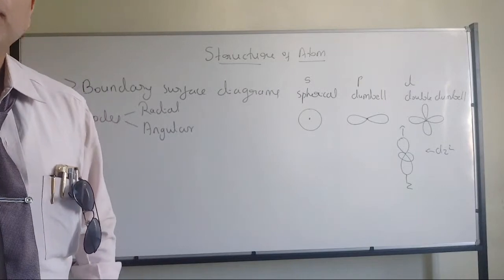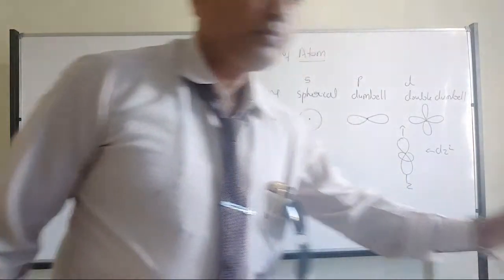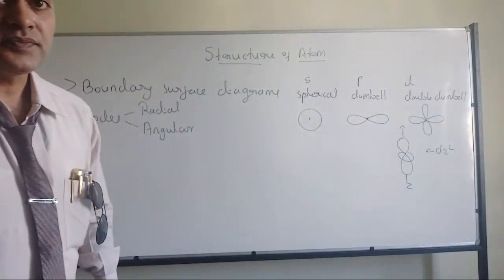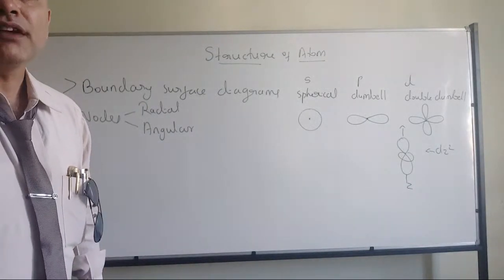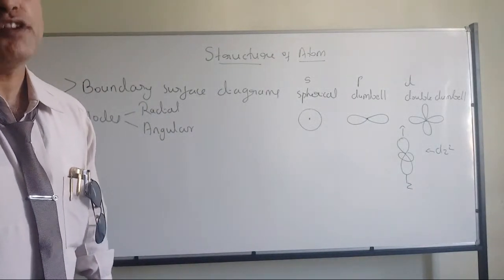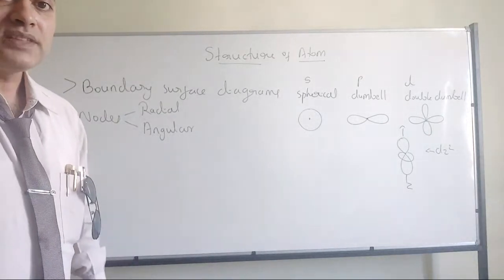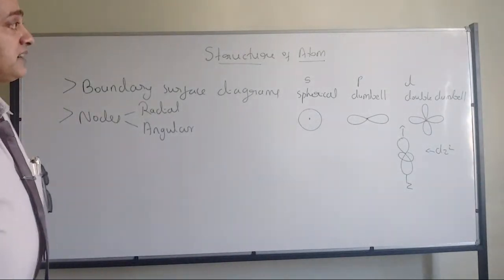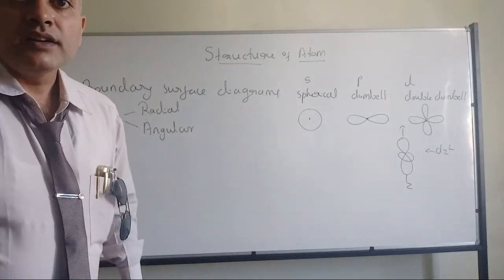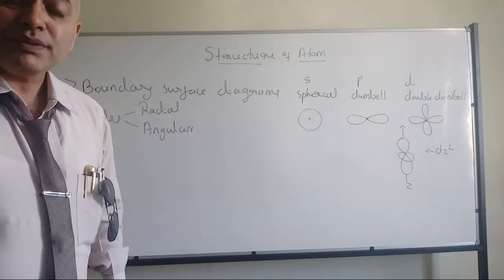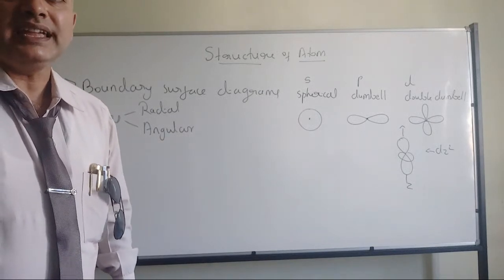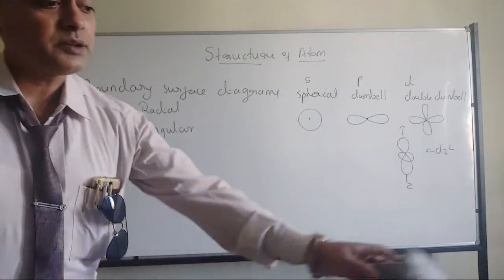Shashank, d should be a small letter, okay? While typing you might have made the error, but it should be a small letter. So that's the shape of the orbitals, or subshells, with respect to s, p, d.